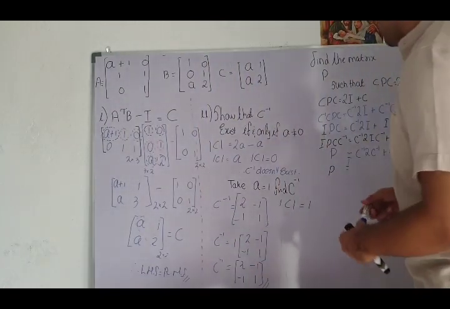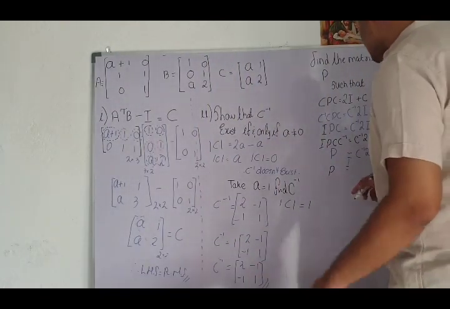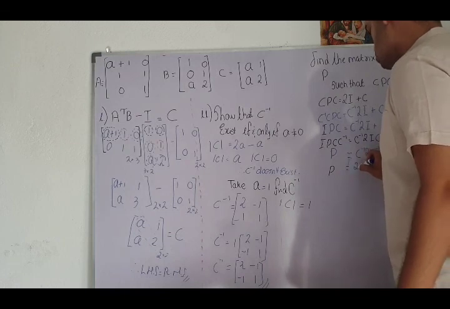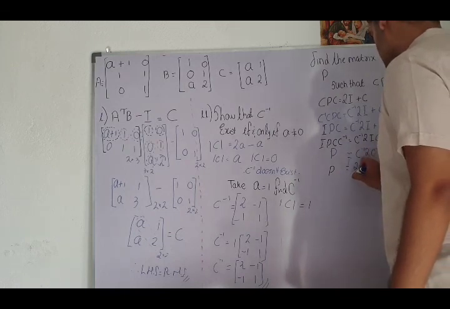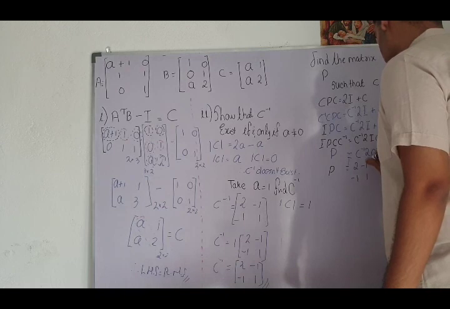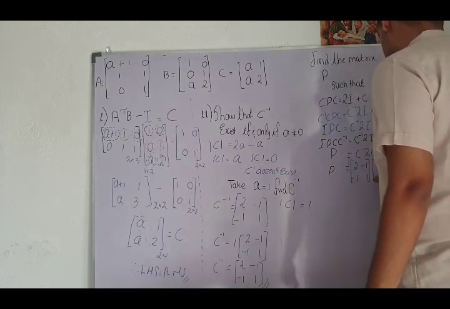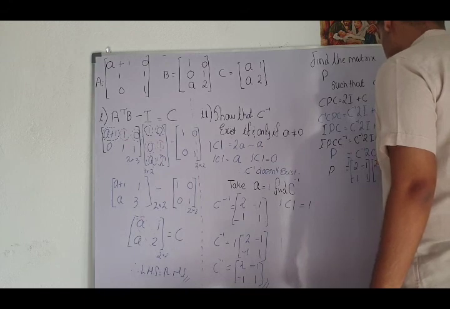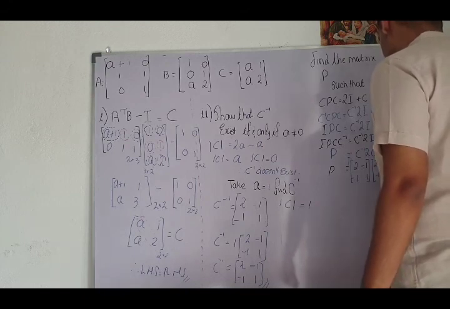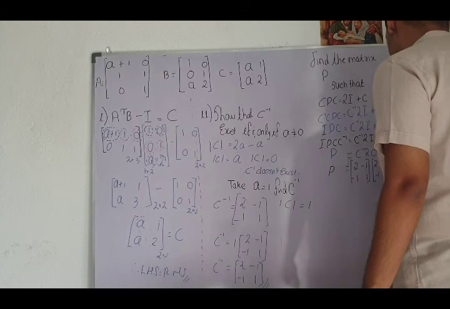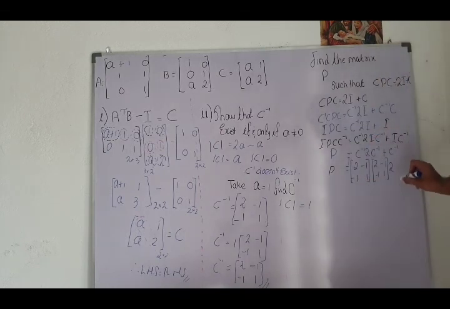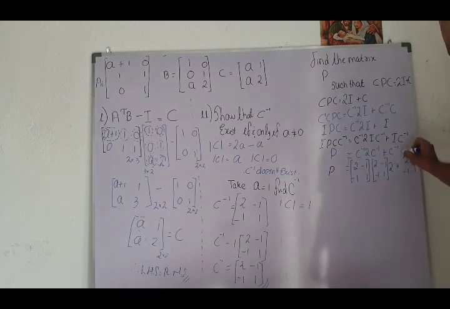So now we have C inverse, which is going to be 2, minus 1, minus 1, 1. This is multiplied by 2, and here we have C inverse again, which is 2, minus 1, minus 1 and 1.